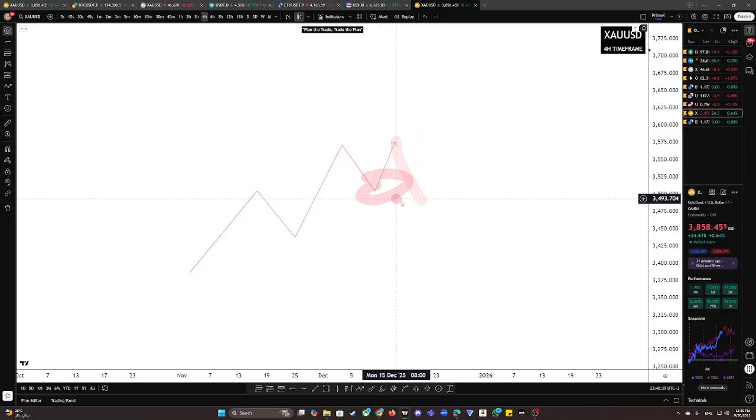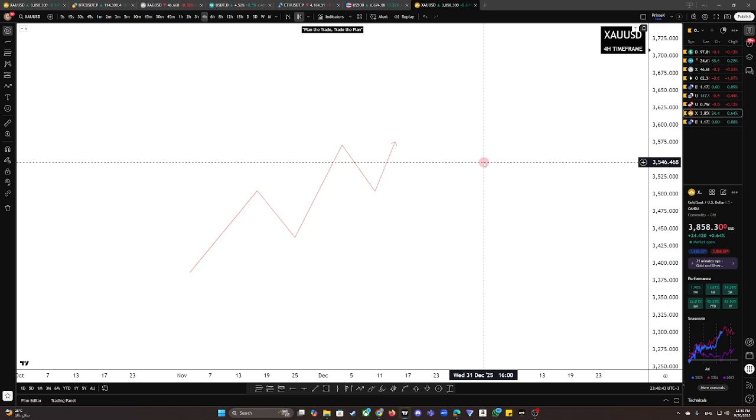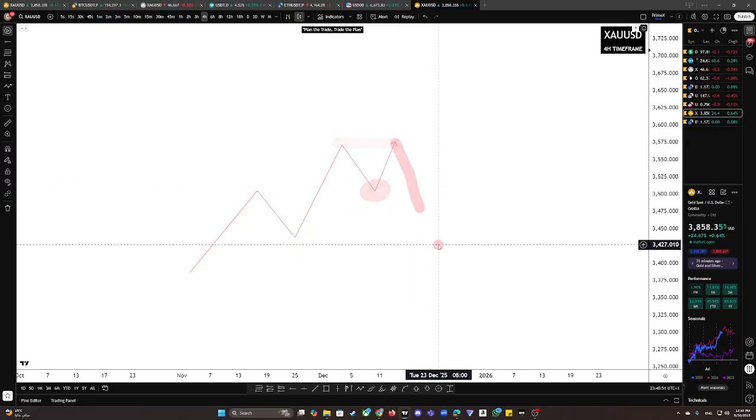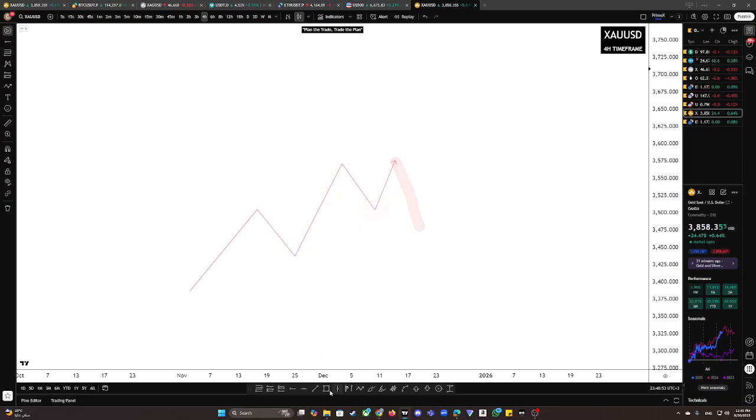And that is why, as soon as price fails a high, it usually means that a rotation is likely to happen.